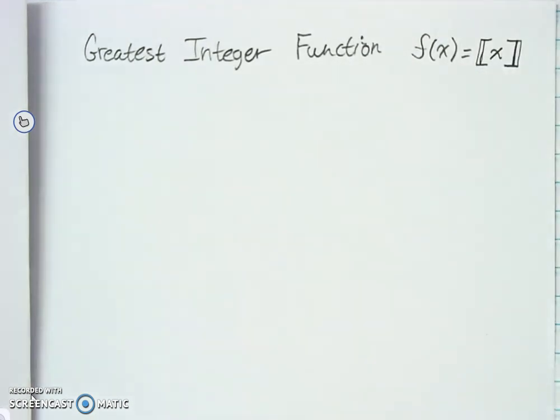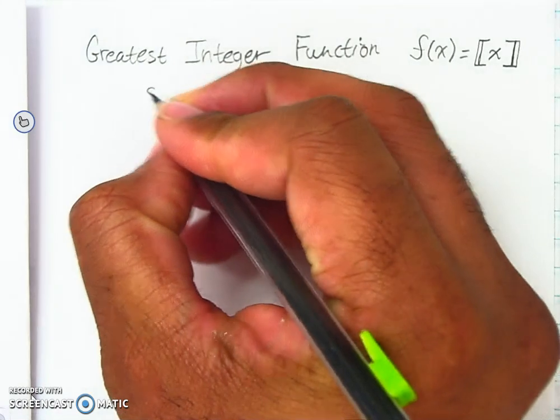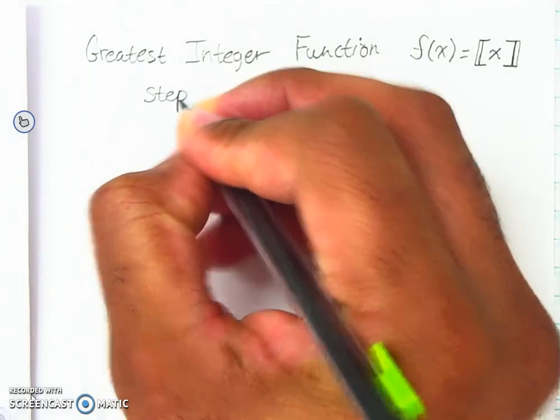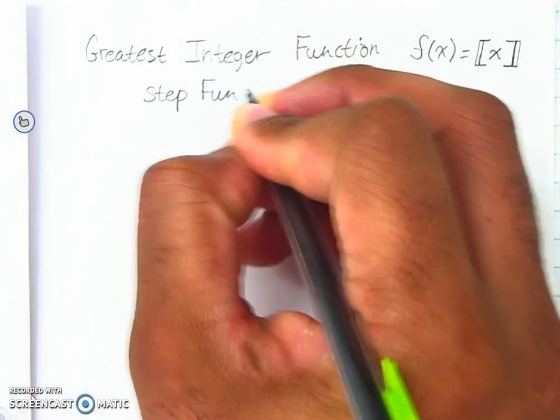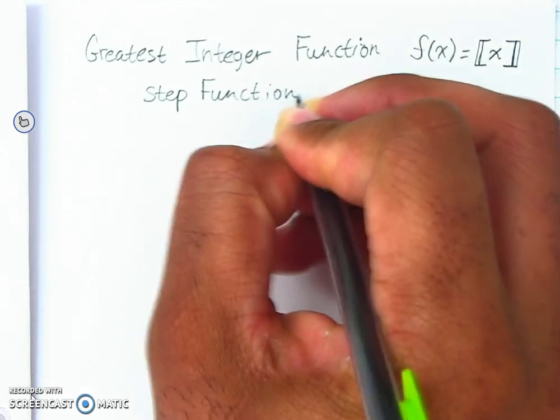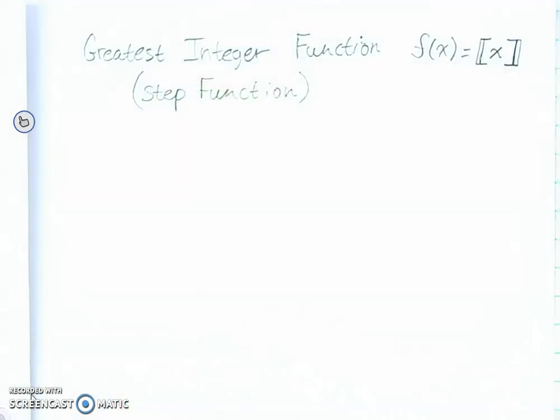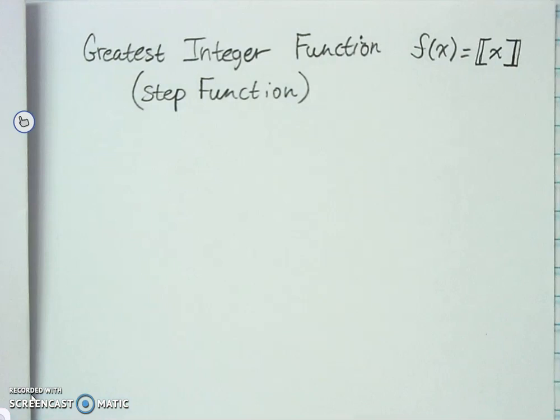So this is the function that's considered your greatest integer function, or another name we call it is a step function. We call it a step function because once you actually see the graph of it, it kind of looks like stairs going up. So that's what we're going to do here.